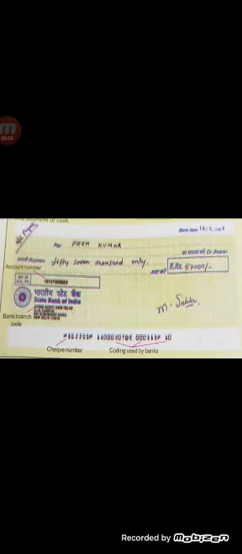Now you might be thinking, why do we prefer check? In other words, what are the benefits of check? Students, it is more convenient than carrying cash. It is very safe method to send money.